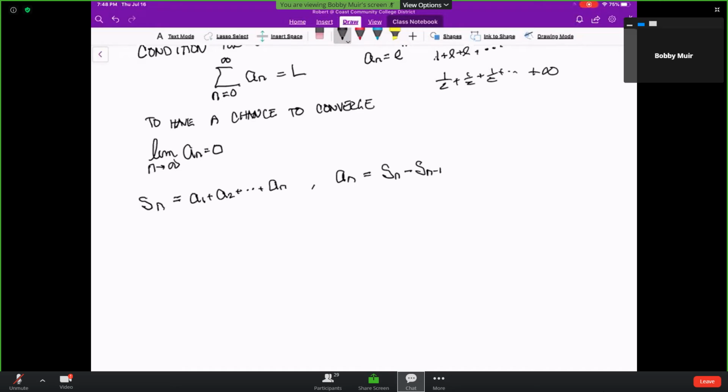Okay, now we're going to assume that this is a converging series. So that would mean that the limit as n tends to infinity of S_n exists, and it equals some s.